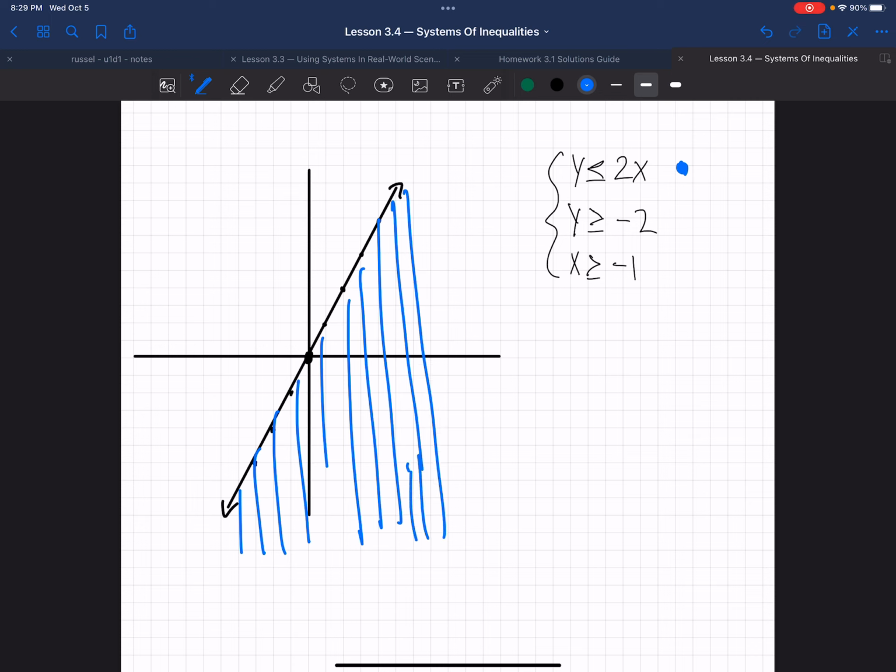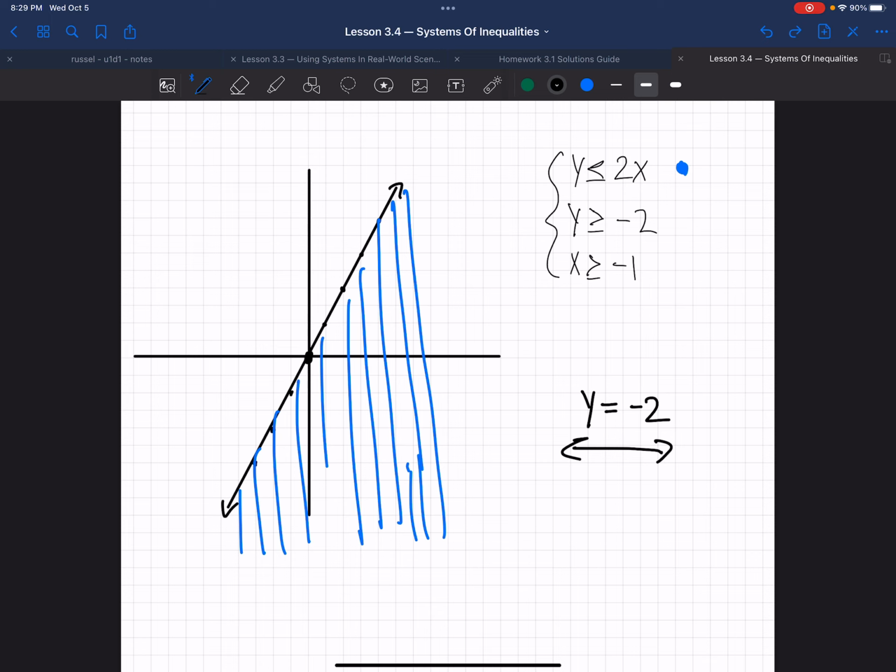All right? Now let's look at the line y is greater than or equal to negative 2. So what you want to graph is the line y equals negative 2. And y equals negative 2 is a horizontal line at negative 2. So I'm going to go down 1, 2. If you can see my pen, the marks I just did there.